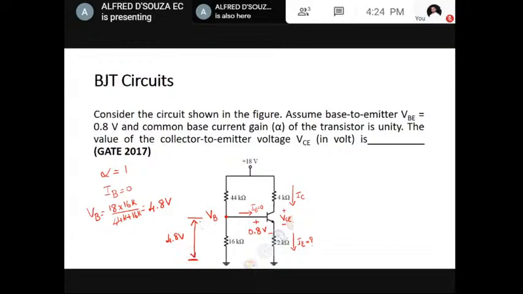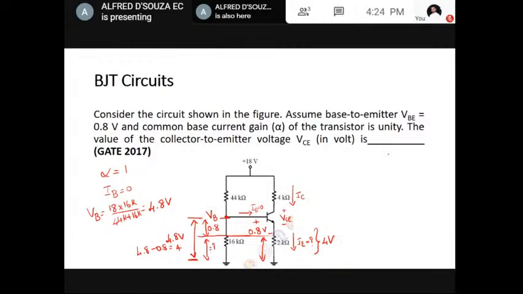Out of which, from this point to here, it is VBE, 0.8. So from here to here, what is the voltage? Very simple. 4.8 minus 0.8, that is 4 volt. So the voltage across this 2 kilo ohm is 4 volt.